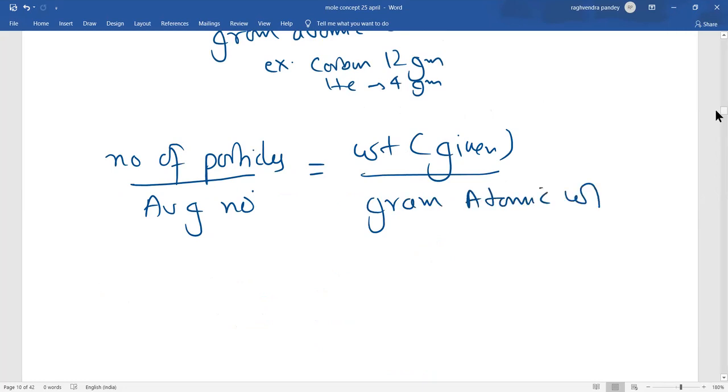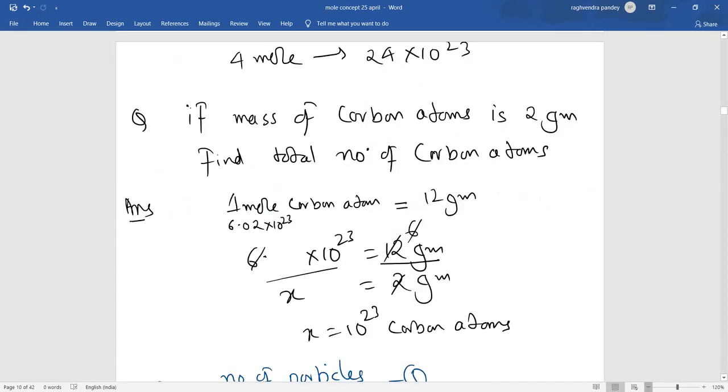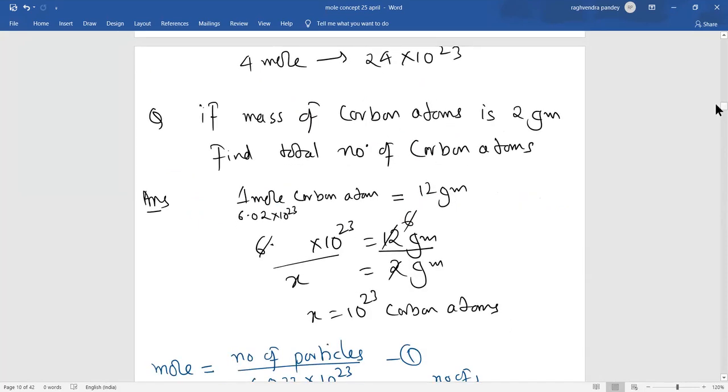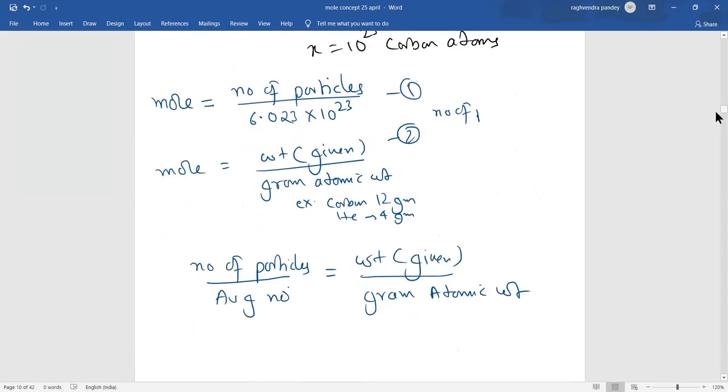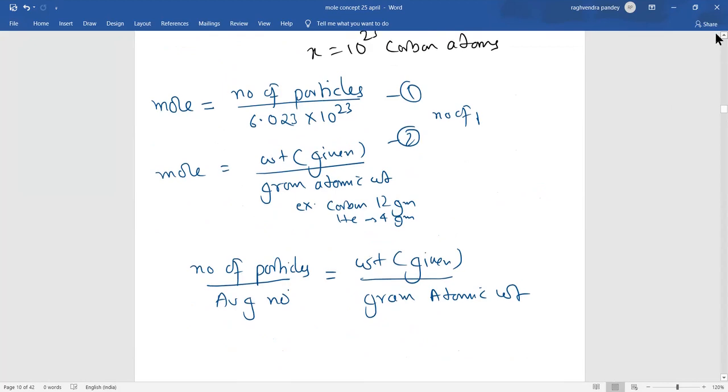This is the formula. You can note it down or just take a screenshot. By this formula, we can solve the above question.